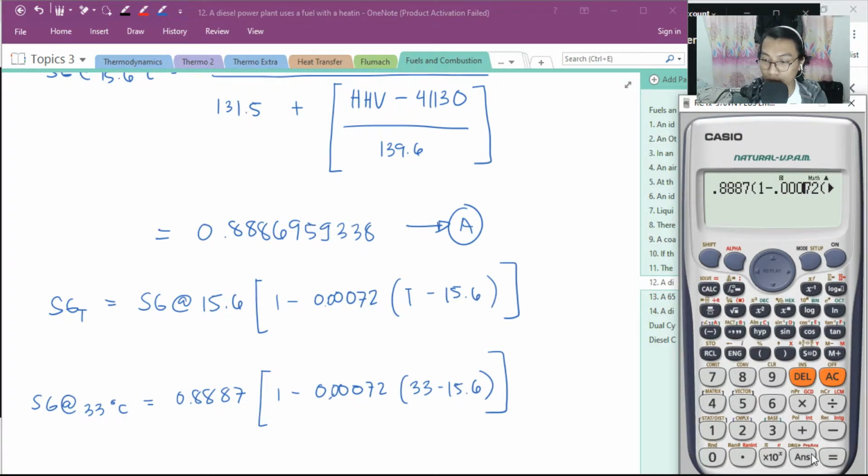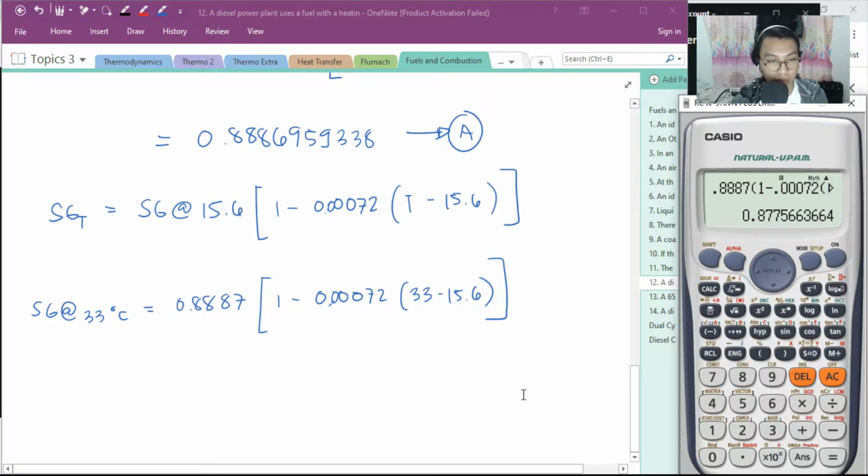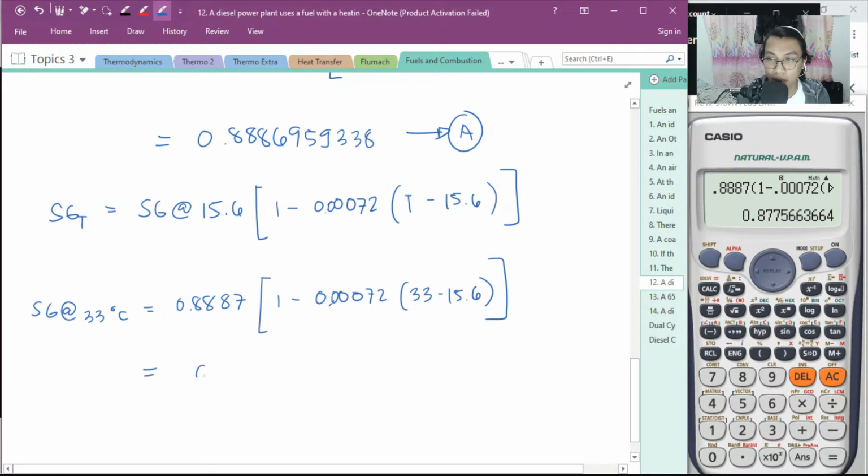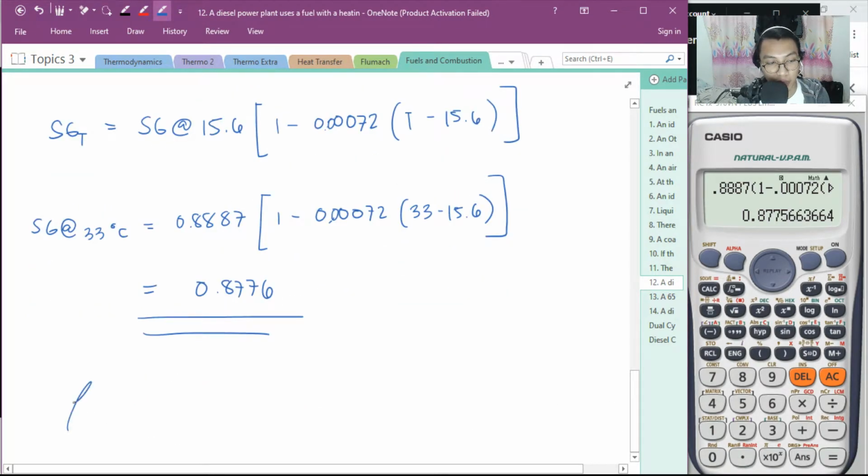Ayun. Tatlong 0 dapat. Dalawa lang nilagay ko. So, that is 0.8776 na SG niya. Pero ang kinukuha natin is the density of the fuel at 33 degrees Celsius.